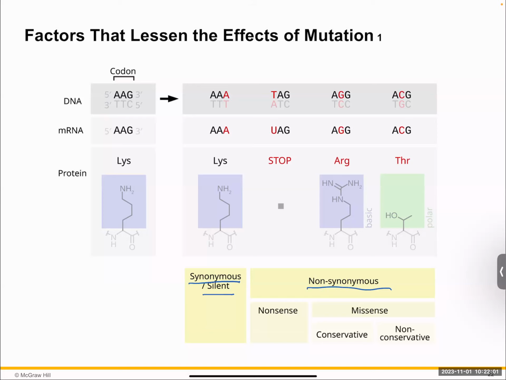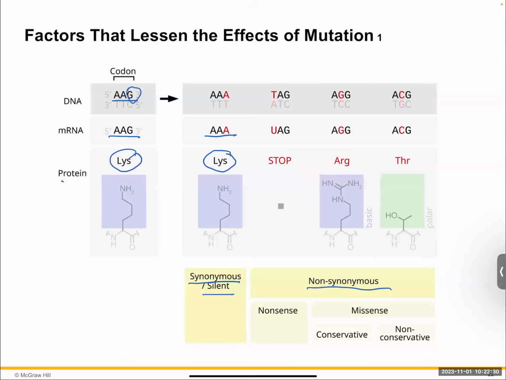So let's look at the original sequence. The original sequence of the DNA is AAG, and the mRNA becomes AAG, and the protein that's being produced is lysine. Now, if I take the original DNA sequence and replace it with AAA instead of a G, so this is the one that's making the change, I will encode for AAA mRNA, and that is still a code for lysine.